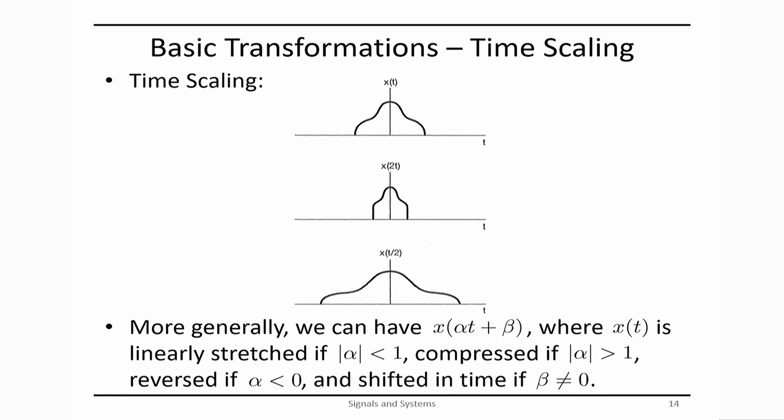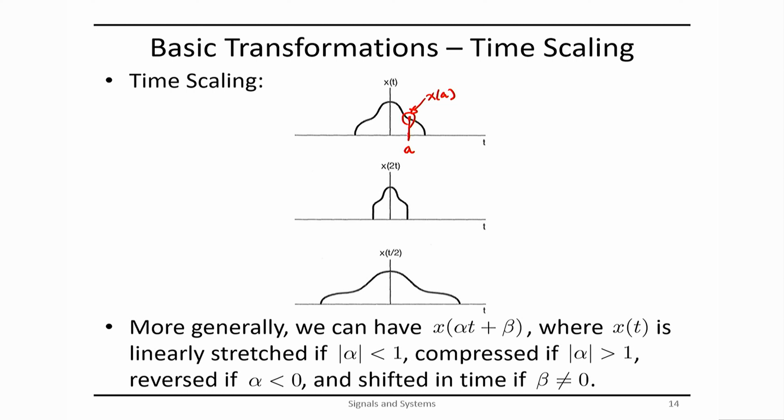Now, why is that the case? Suppose that you're looking at the value at the point A, which is x of A. Now, in this time-scaled signal x of 2t, when do you observe this x of A? You observe x of A when t is equal to a over 2.